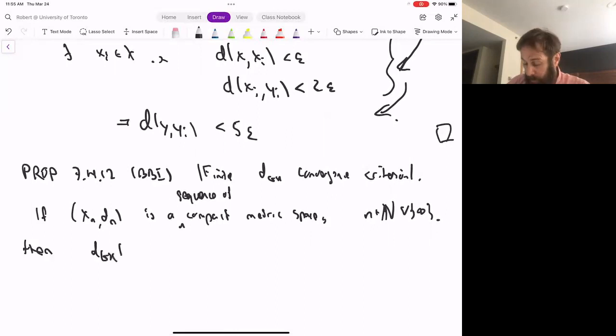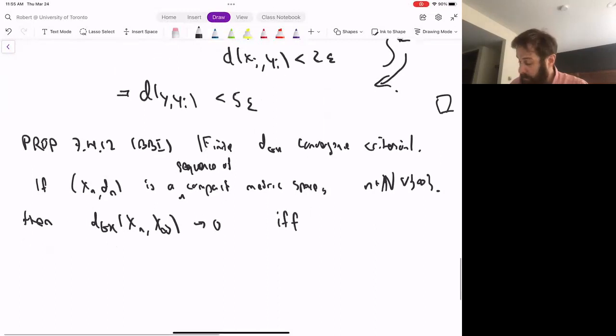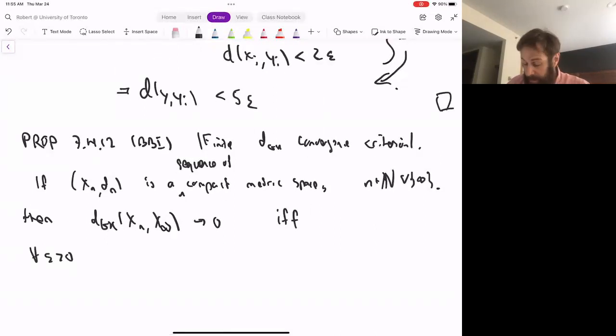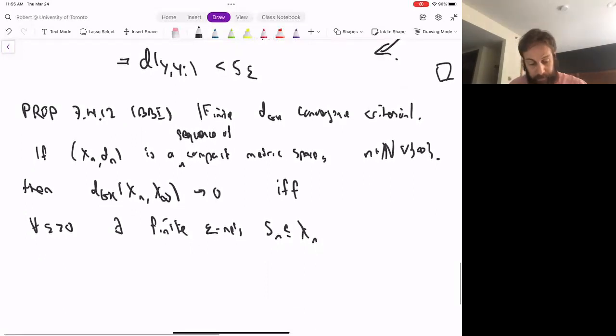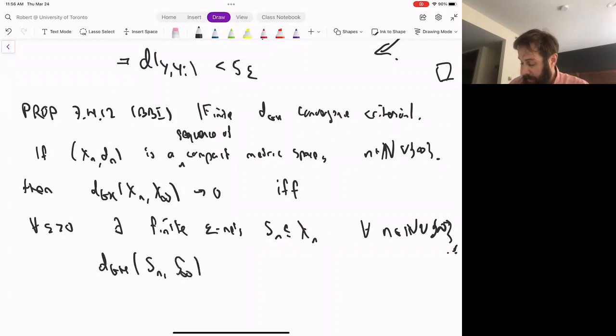Then the Gromov-Hausdorff distance of the sequence to the limit is going to go to 0 if and only if for every positive epsilon, there exist finite epsilon nets, both for the approximating spaces and for the limit, such that the Gromov-Hausdorff distance between the S_n's and the limiting one goes to 0.